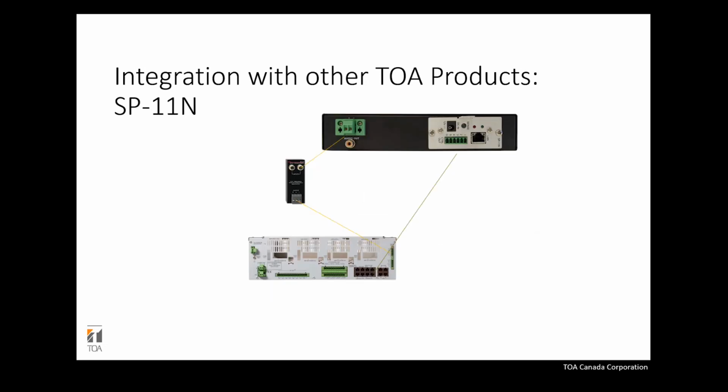Integration with SP11N is straightforward. If you have the SP11N QRM or the external box, you can feed the audio output into the VX3000 and then feed the contact closures into the VX3000 system. Since it's just regular dry contact and audio inputs, very simple, very straightforward.